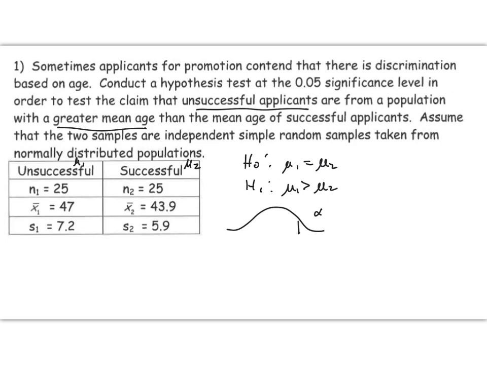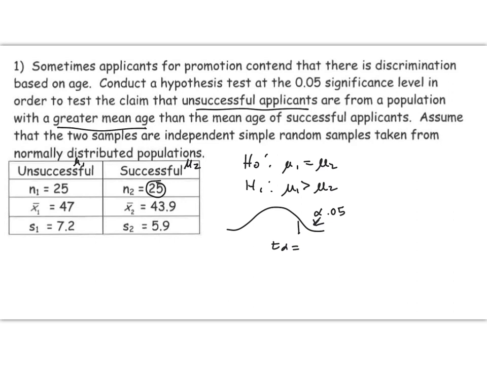My alpha is 0.05. Now I need to find the T alpha, and I have 24 degrees of freedom because it's 1 less than my smaller sample size. So I'm going to go to inverse T, and alpha is 0.05, and I have 24 degrees of freedom.